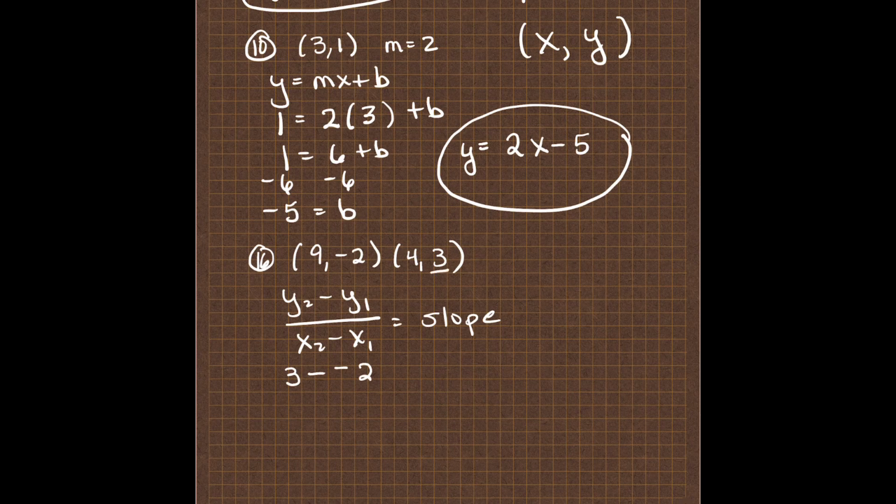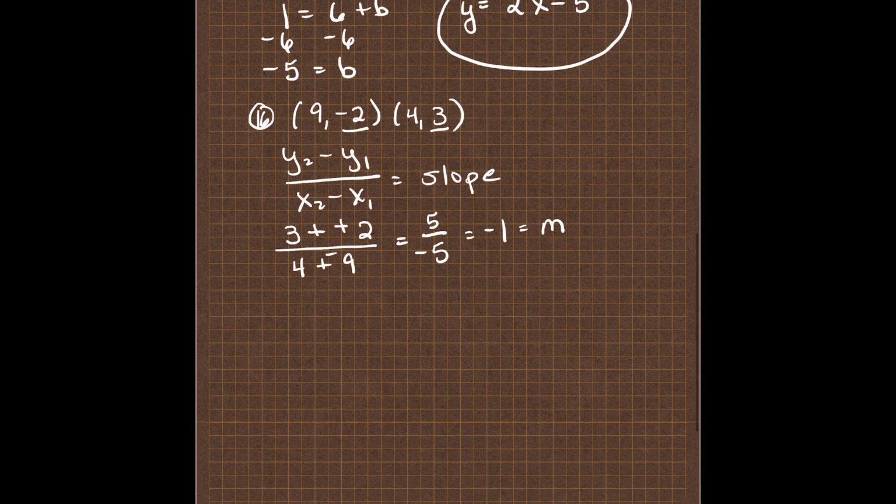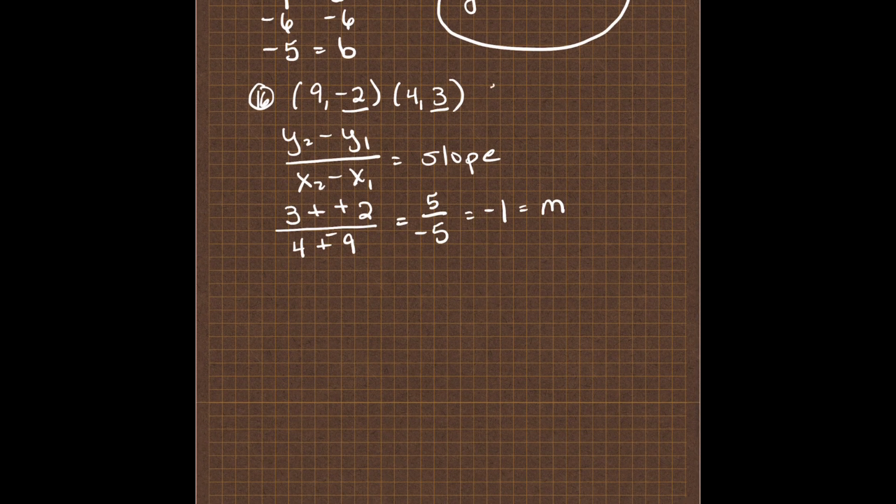See what I did? Y minus y over 4 minus 9. That'll be 5 over negative 5, which is negative 1. That is my slope. And then I'm going to use one of my points to solve for b.